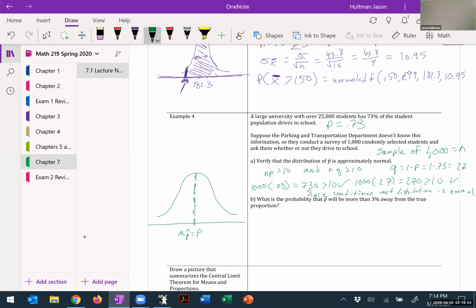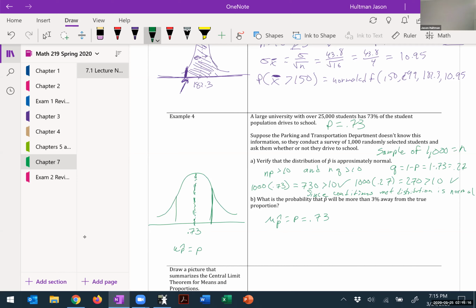What was the true proportion? The true proportion was 0.73. Let me write this down here. The middle is going to be 0.73. That's the mean: mu of p hat is equal to p, which is 0.73. Now, what's within 3%?